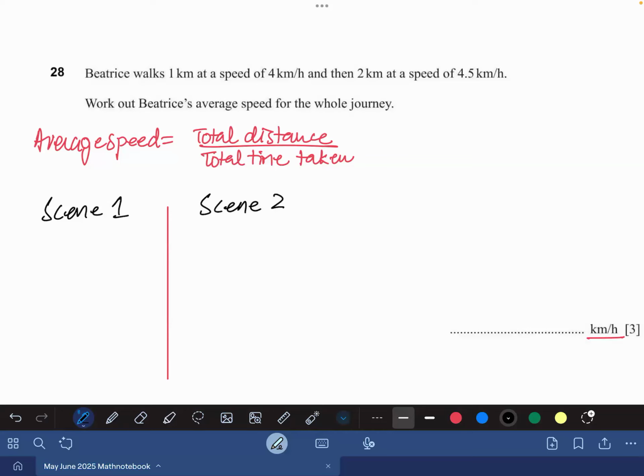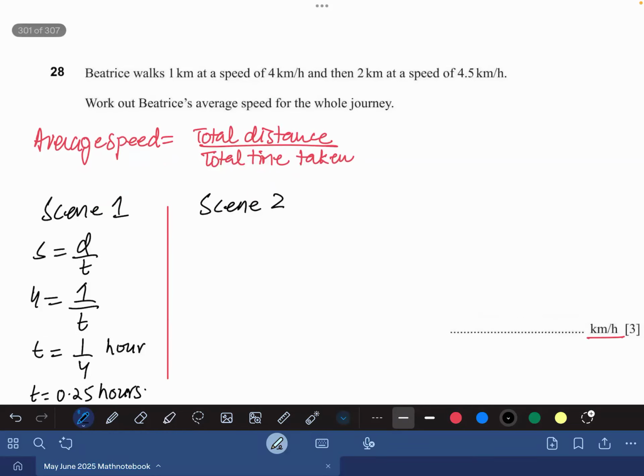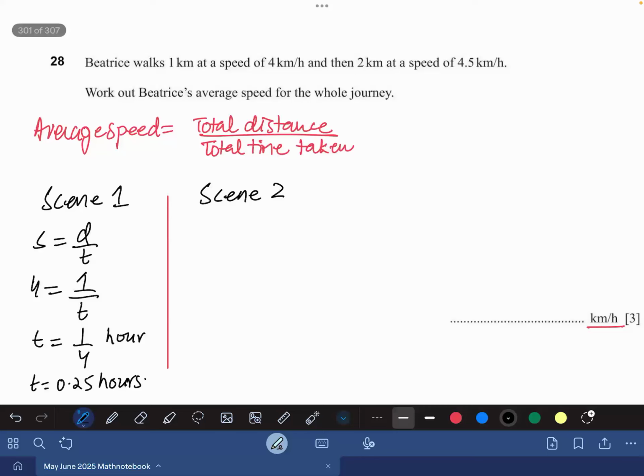So in scene 1, speed is equal to distance divided by time. He traveled 1 kilometer at a speed of 4. So time is equal to 1 over 4, which is 1 over 4 hours. Agree? So 1 over 4 hour is 0.25 hour. Agree, everybody? Okay.